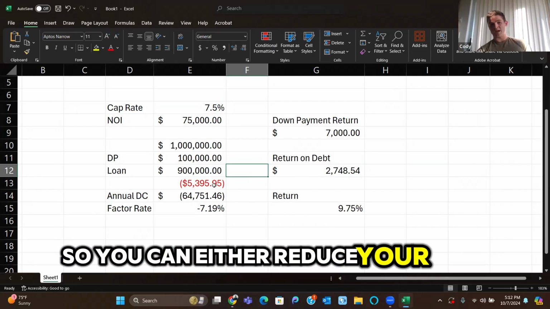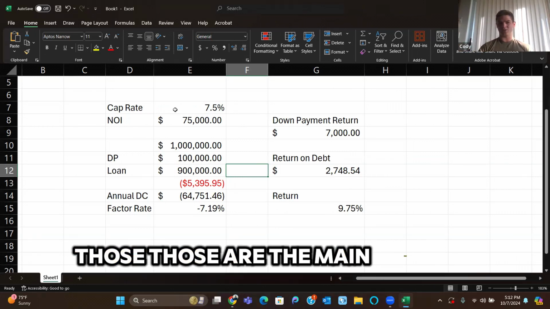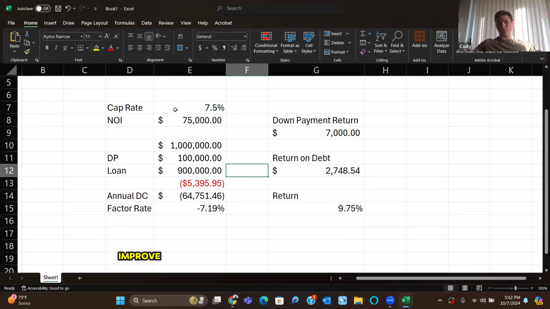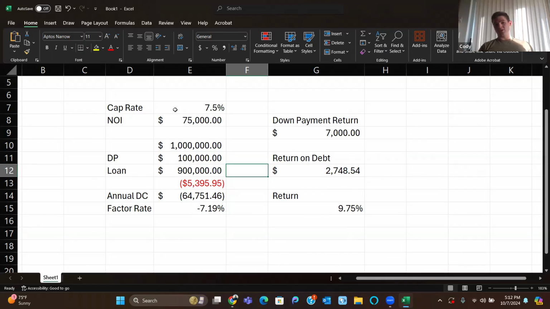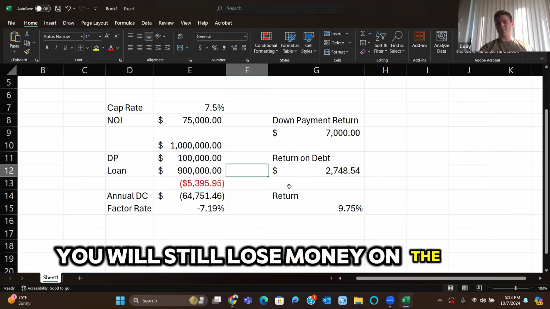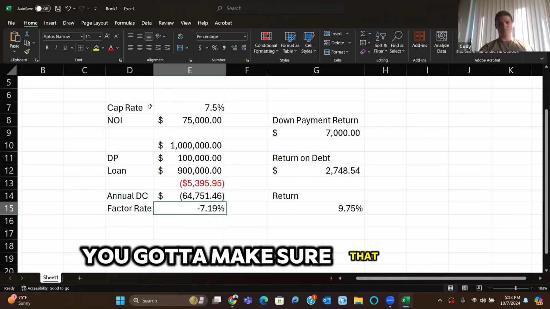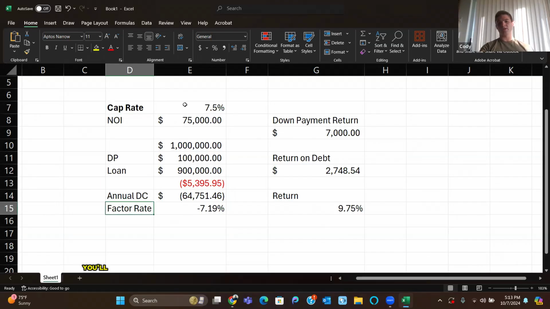So you can either reduce your cost of capital or you can get your dividends up. Those are the main ways to improve your net cash on cash return. You can always borrow less money, but if you're in a negative leverage position where your factor rate's higher than your cap rate, you will still lose money on the borrowed capital. You've got to make sure that one is higher than the other. If you do that, you'll do pretty good in real estate.